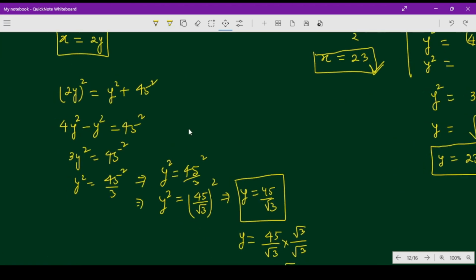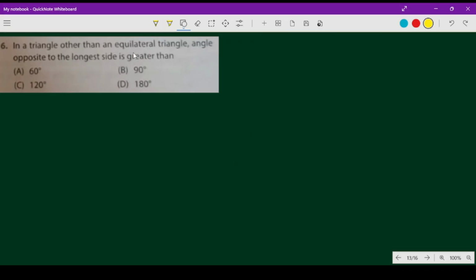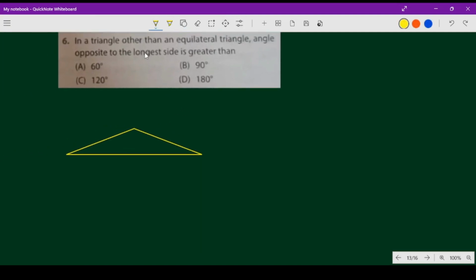Let's see. We have some simple questions. Other than an equilateral triangle, the angle opposite to the longest side is greater. Let's say we have a triangle which is not equilateral, triangle ABC, in which BC is greatest.